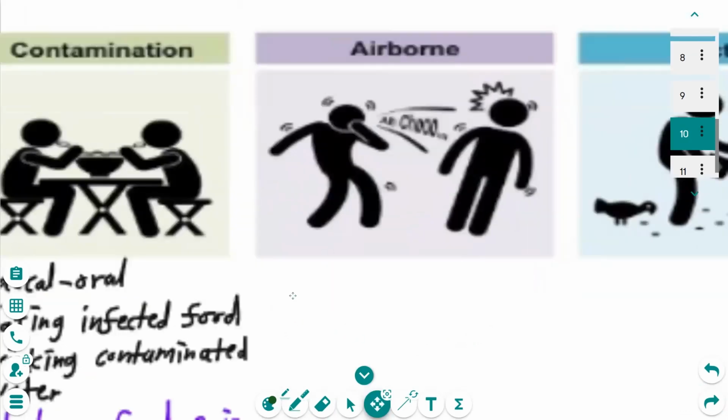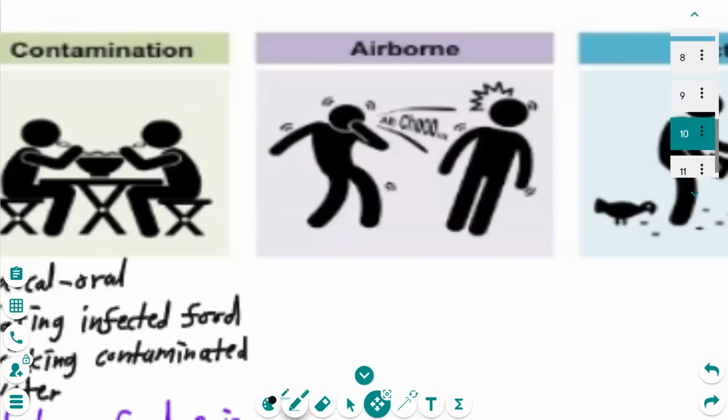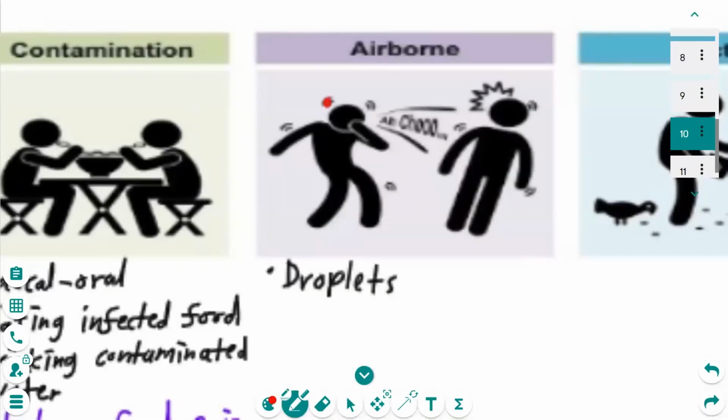The next one is airborne, and this is mostly common in two ways. So the first way is by droplet infection. So here this person has little droplets. So this person is infected with, I don't know, the flu virus.